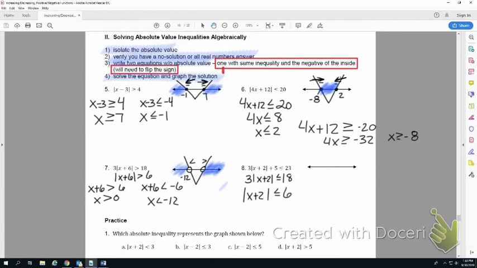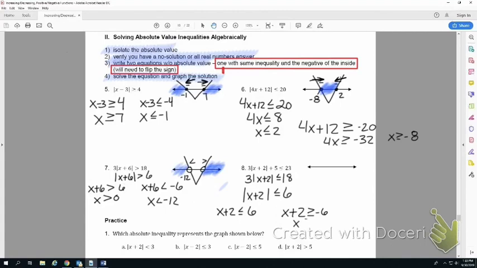Now, Cameron, what am I going to do with that? I'm going to take x plus 2, and I'm going to do what with it? It's going to be less than or equal to. Okay, and what's going to go in the other one? It's going to be greater than or equal to. Greater than or equal to what? Negative 6. Okay.